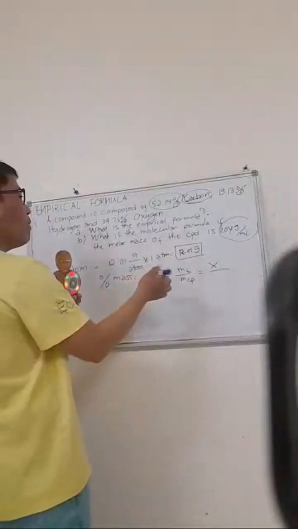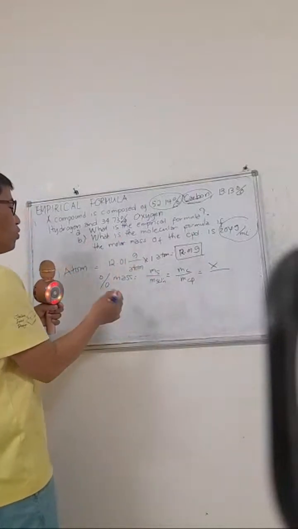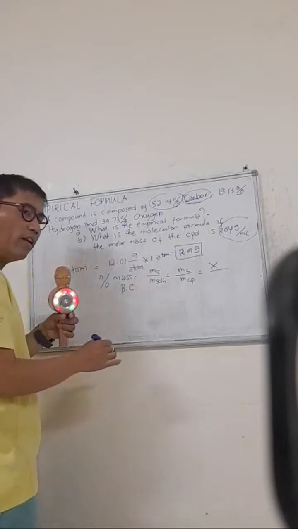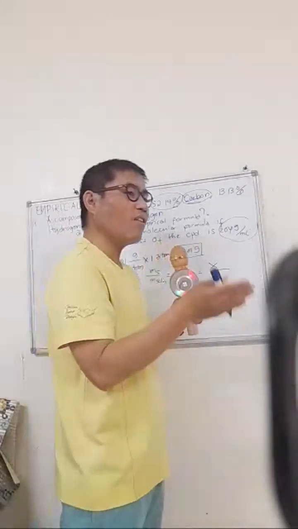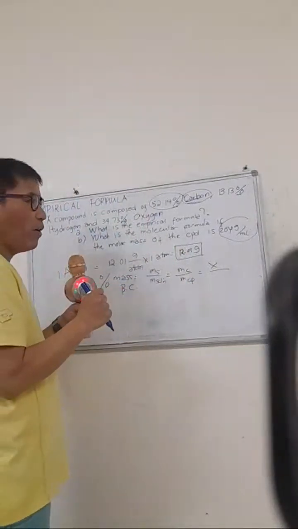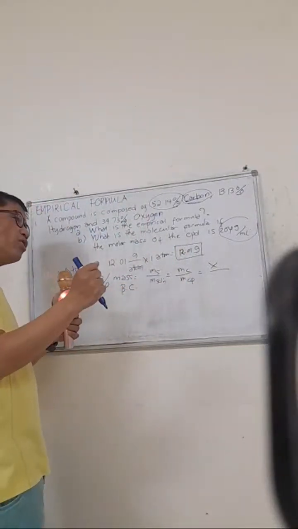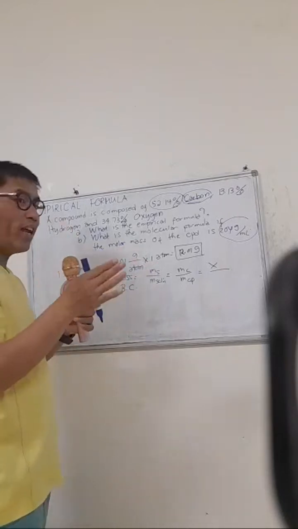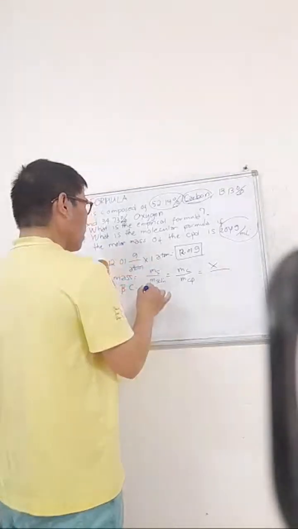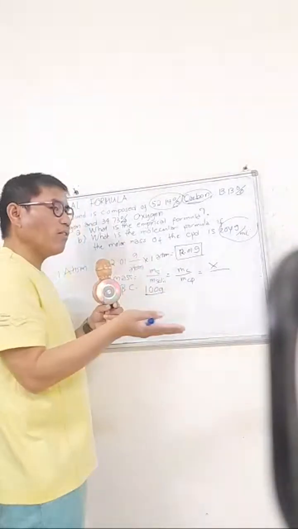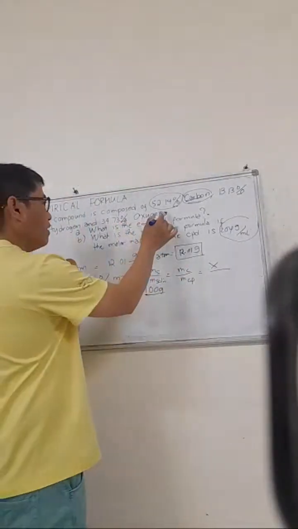Now, the mass of the compound is not mentioned here either. So you need to have the basis of calculation, which is BC in engineering. BC, basis of calculation. Now, we are dealing here with the expression of the concentration of the compound. So we need to use 100 grams as our basis of calculation, because the mass of the compound here is not given.